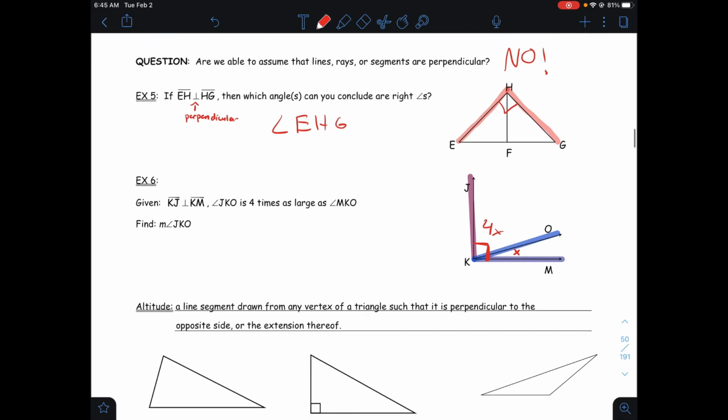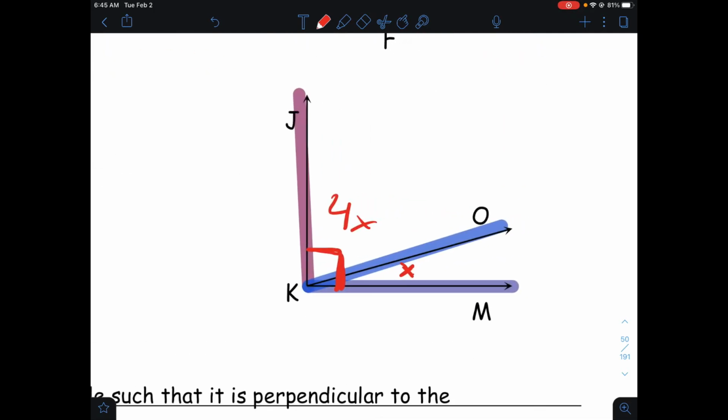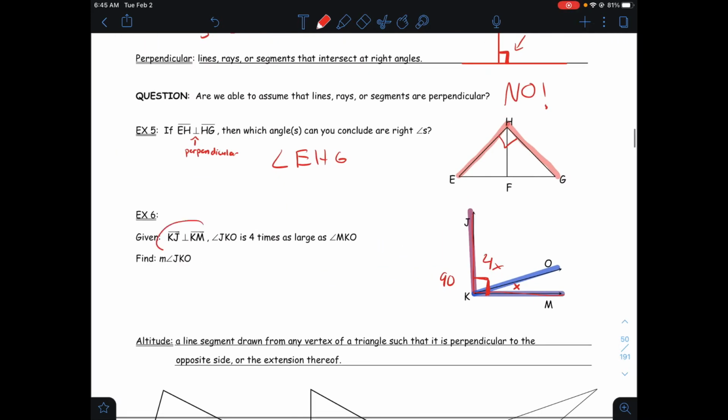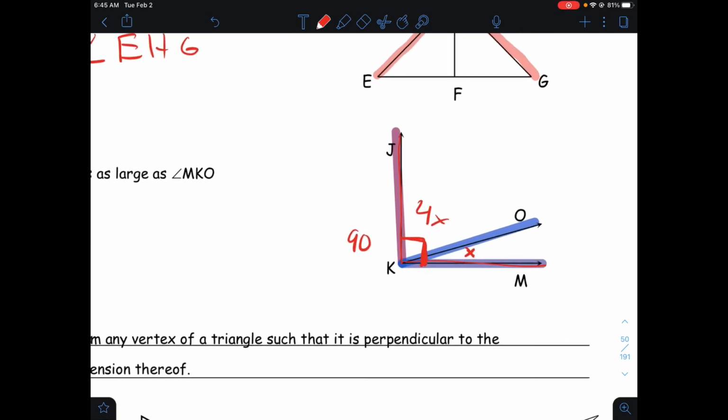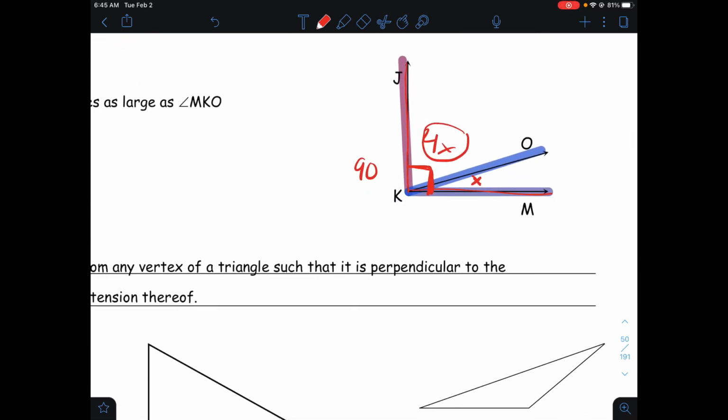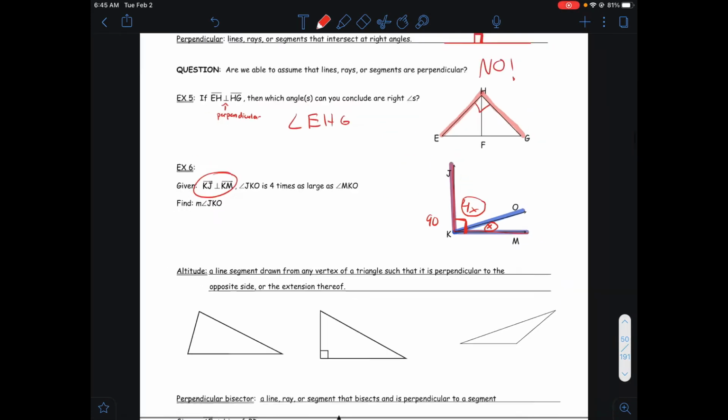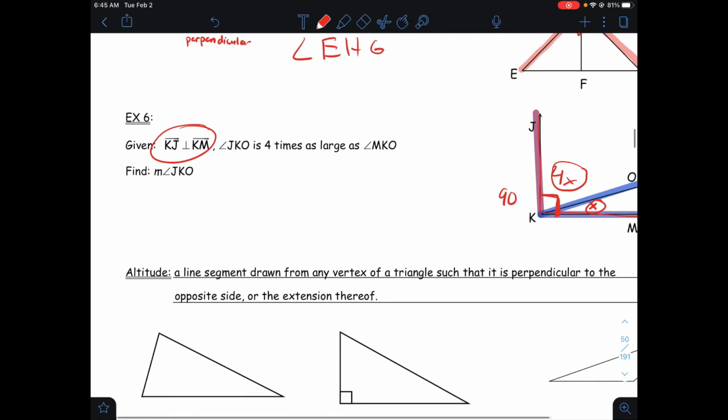So now it says find the measure of JKO. All right, so what are we going to do here? Well, we know that this big angle is going to be equal to 90, because we figured out these are perpendicular, which means that it makes a 90-degree angle. So what we can do is add up these two angles that make up this 90-degree angle and set it equal to 90. So we'll say 4x plus x equals 90.